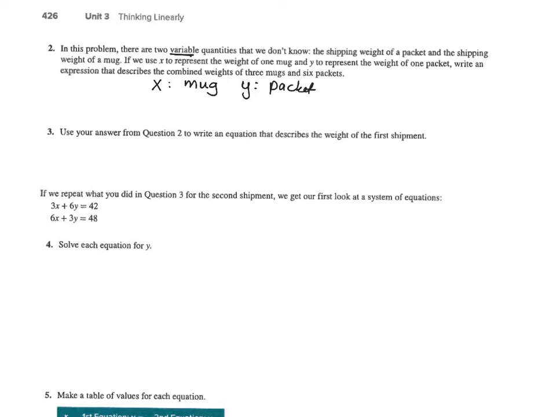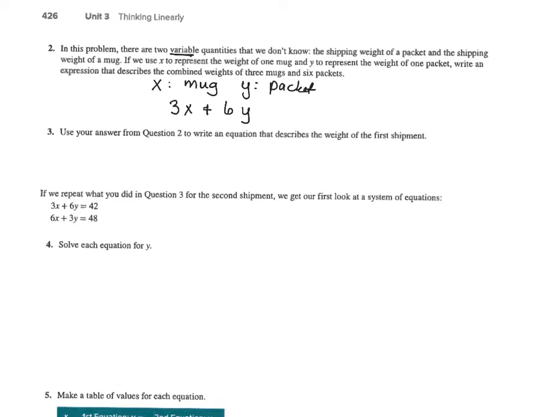And they want us to write an expression that describes the combined weights of 3 mugs. I have 3 mugs and they weigh x ounces each, plus 6 packets, and they weigh y ounces each. So that's what they were looking for.